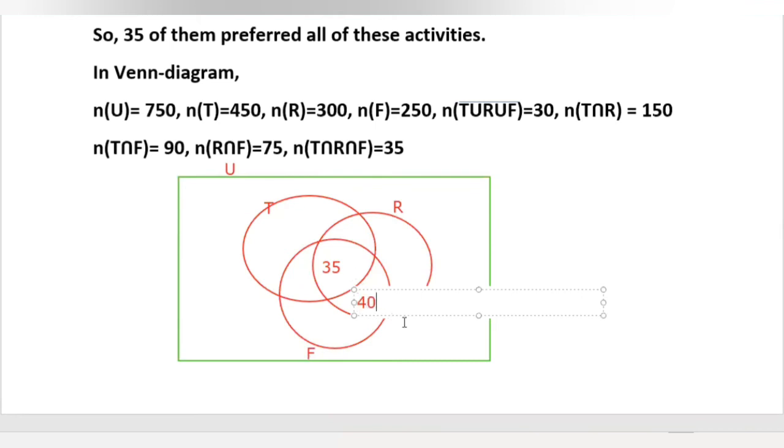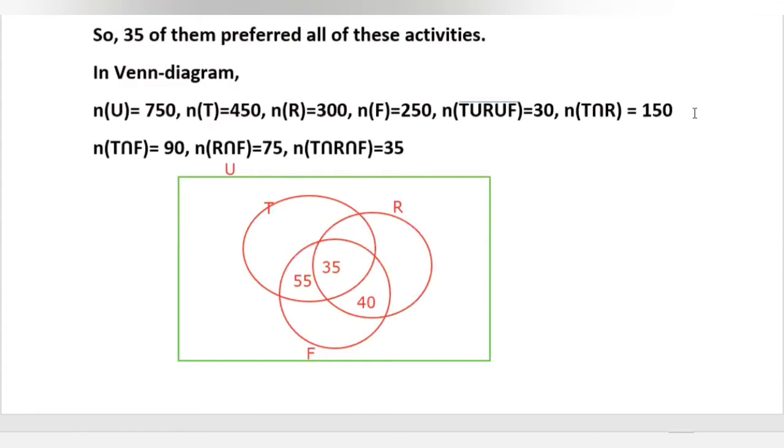So 75 is completed. Now let's move here. N of T intersection F is 90. So here 35 is already there. Then how much do we need? I guess 55. You can check, 55 plus 35 is 90. Now T intersection F, 90, we have completed.